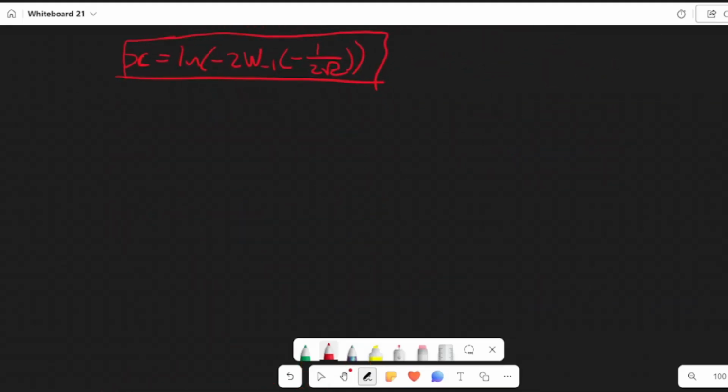But to leave it off at that, how about I challenge you to solve this equation: Lambert W of x is equal to x.